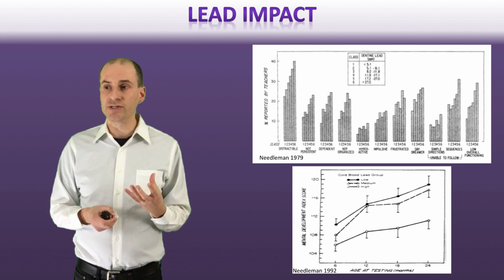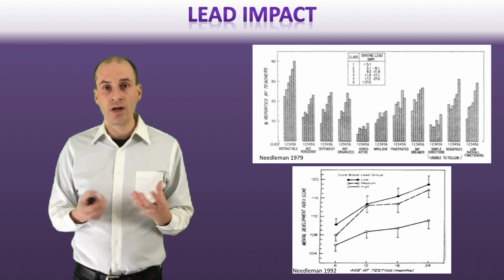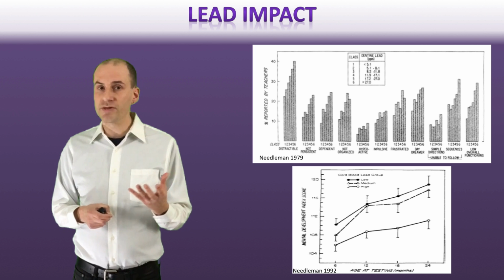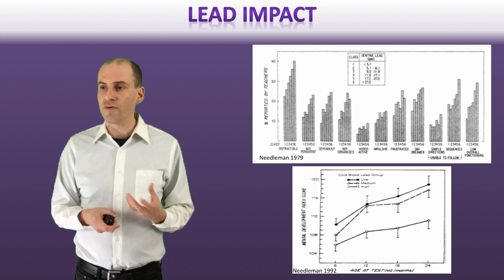This is one of the pivotal studies that really helped push our government to consider lead as being a really serious public health hazard. Another study looked at cord blood for children.